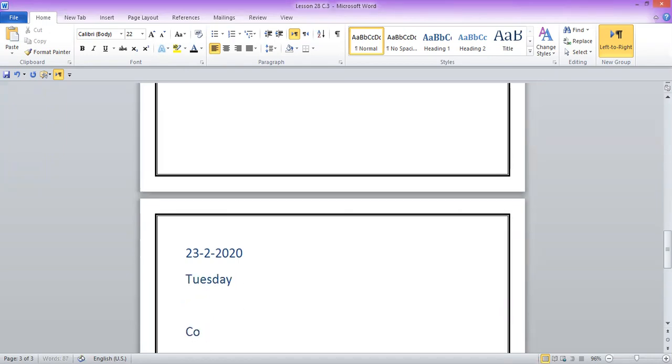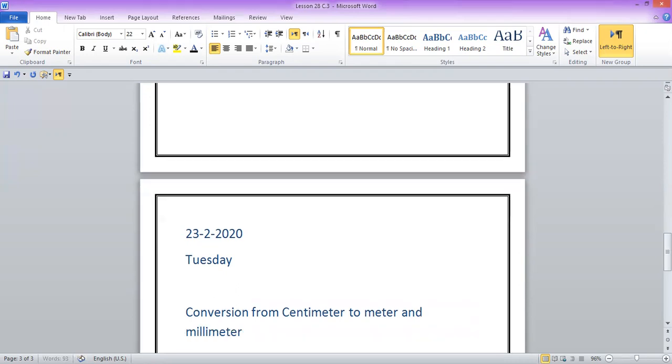And this is conversion from centimeter to meter and millimeter.